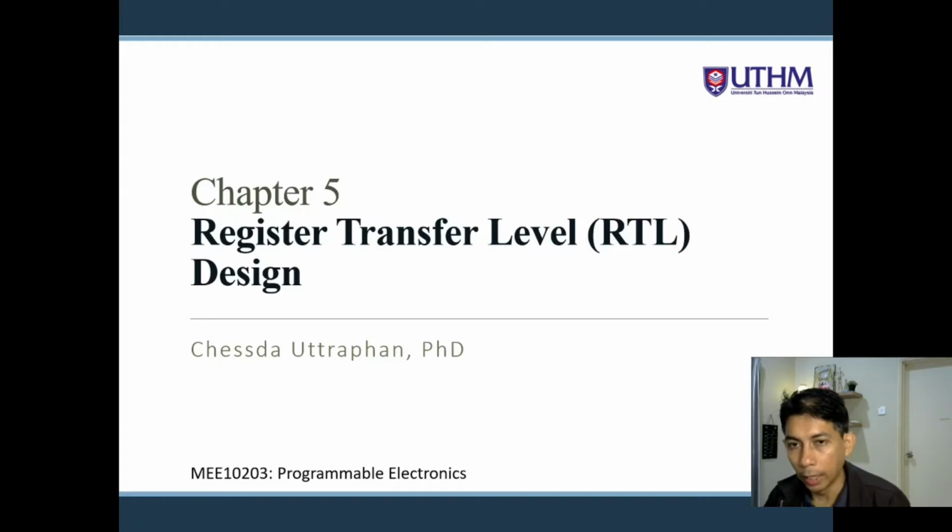That means we will look at the register level, how the data is moving from one register to another register, and what the process is during the data movement. For example, data moves from register A to the processing unit, the ALU, and after that the result will be stored in register B, and so on and so forth.